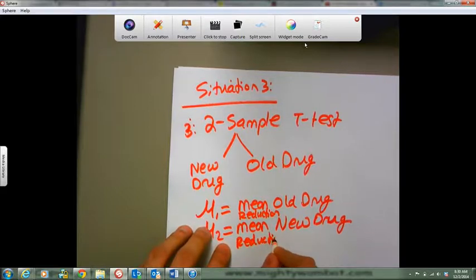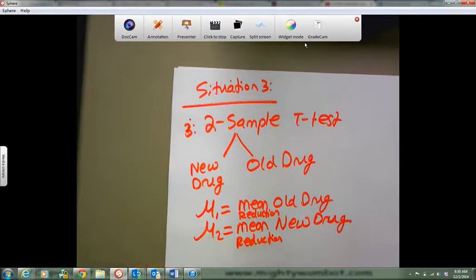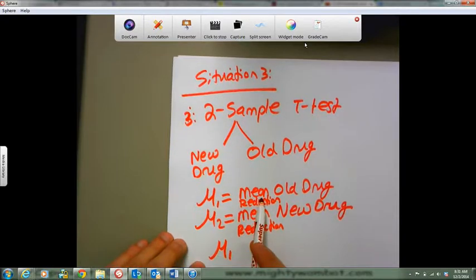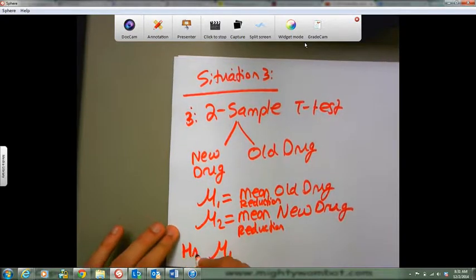So what is the alternative hypothesis? The alternative hypothesis is that mu1, the mean reduction for the old drug, so this is HA, alternative, is that the mean reduction of the old drug is less than the mean reduction of the new drug.